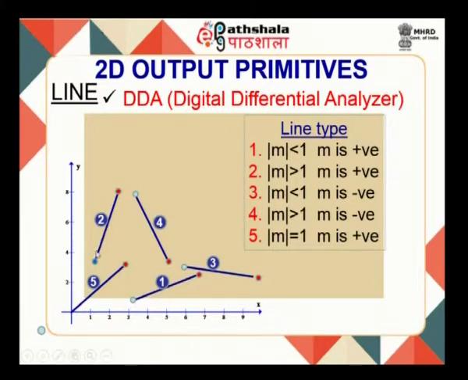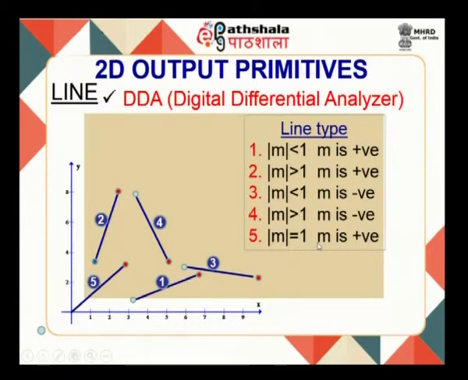Line type 2 is more inclined towards the y axis. Line type 3 is also more inclined towards the x axis. Line type 4 is similar to line type 2, inclined towards the y axis, and line type 5 is a line whose slope is exactly equal to 1.